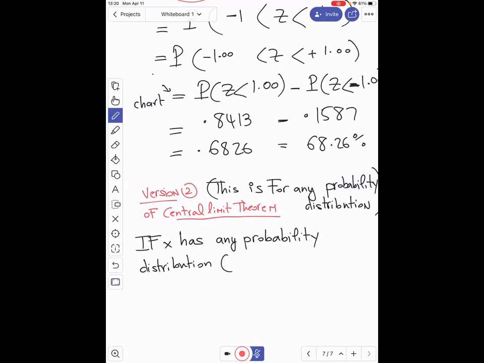Of course, for the normal distribution, that will be version 1.